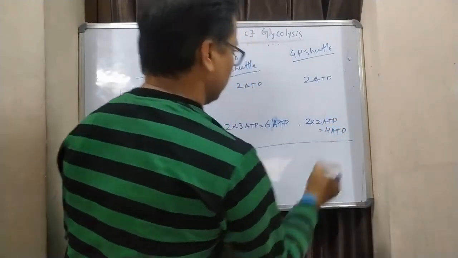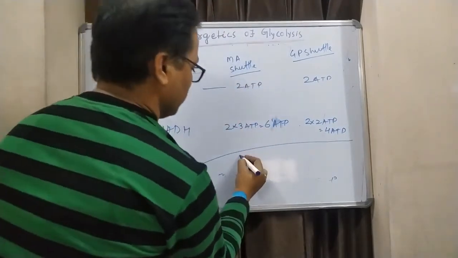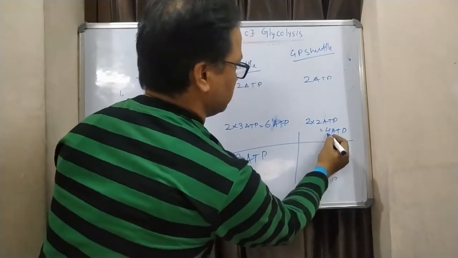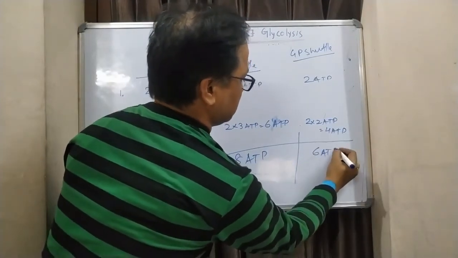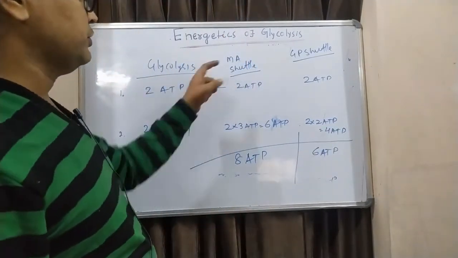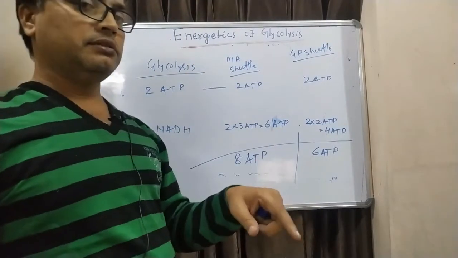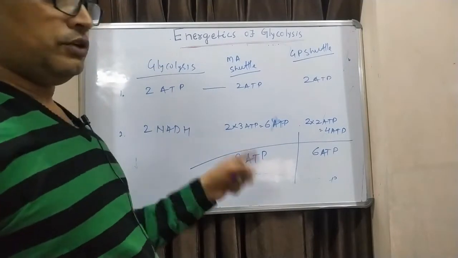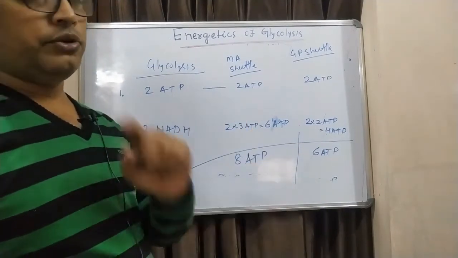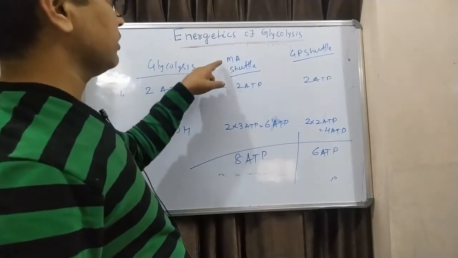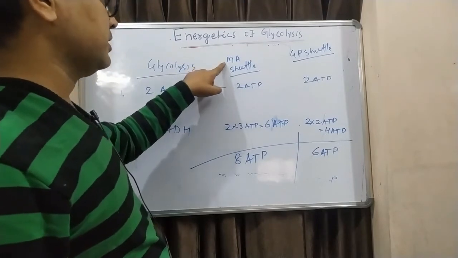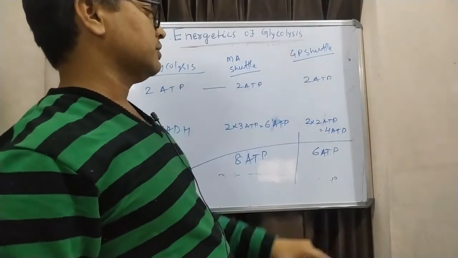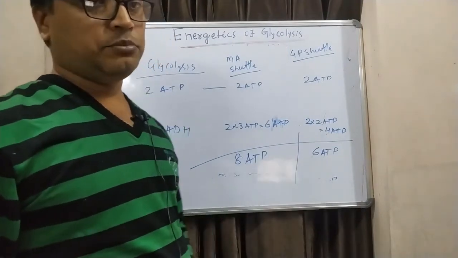So at the end of glycolysis, we get either 8 ATP or 6 ATP, depending on which type of shuttle system has been used for the transportation of NADH from the cytoplasm to mitochondria. If we use the malate aspartate shuttle system, we get 8 ATP. If we use the glycerol phosphate shuttle system, we get 6 ATP.